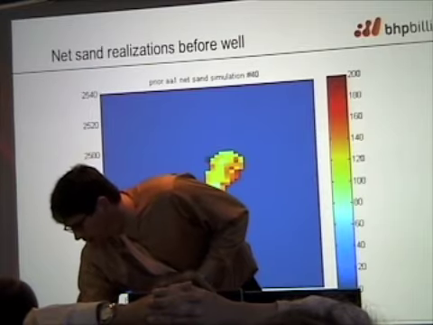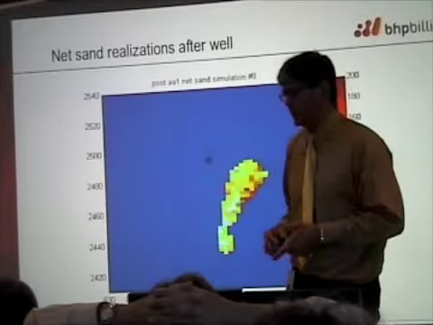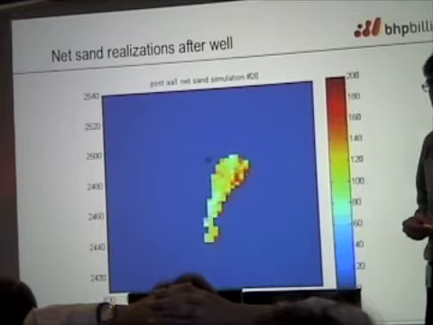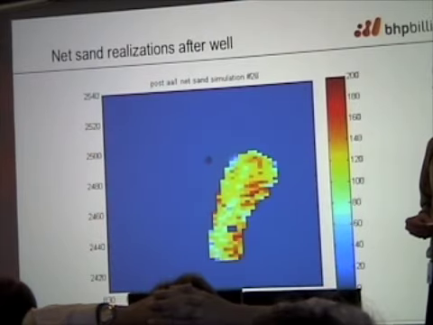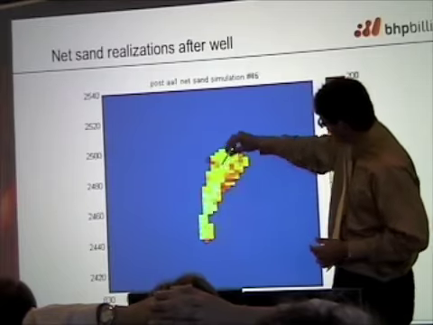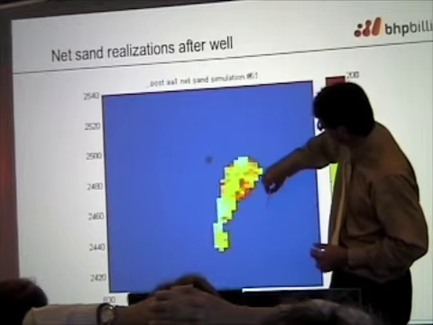Actually it does. After a well was drilled there and you didn't find it, you see that the uncertainty about where it was ended up being reduced. It turns out that up dip is in this direction, and if you drill a well here, you can only produce the stuff to this side of it.